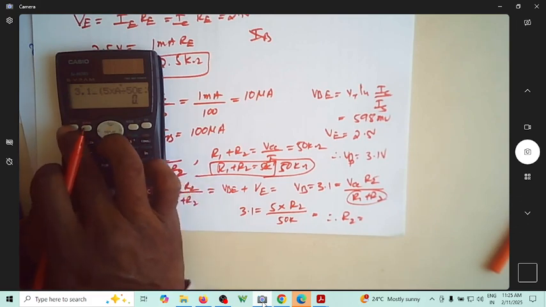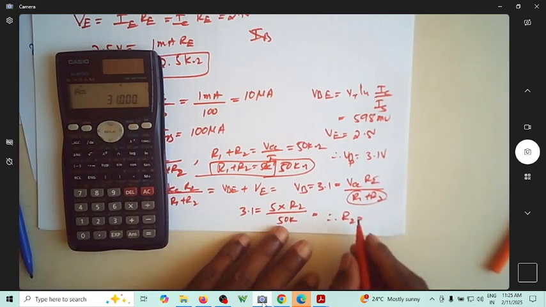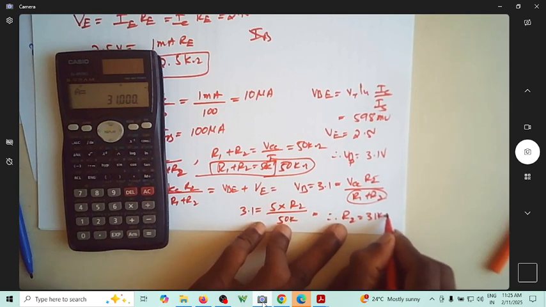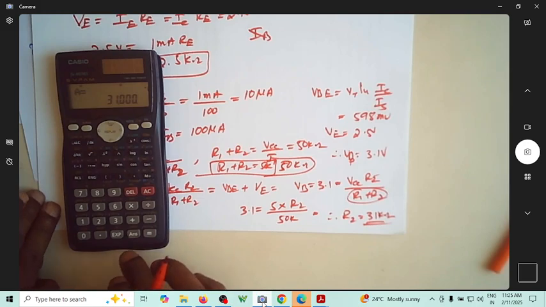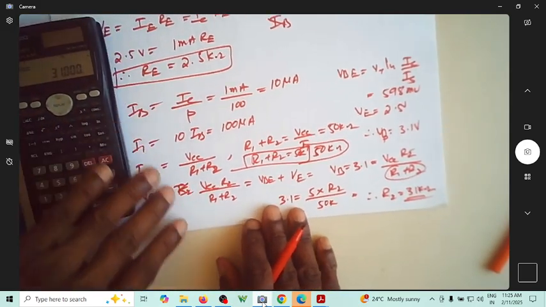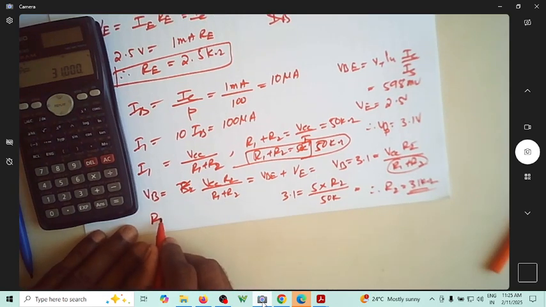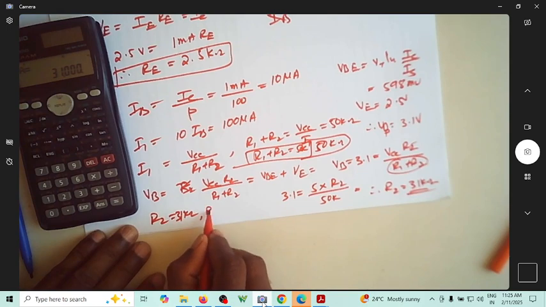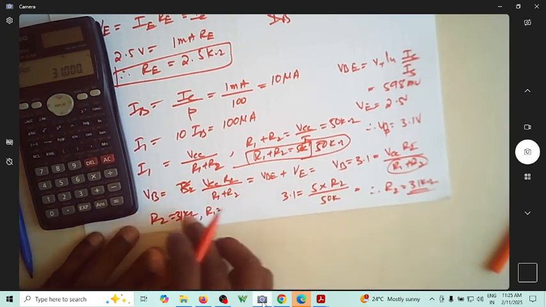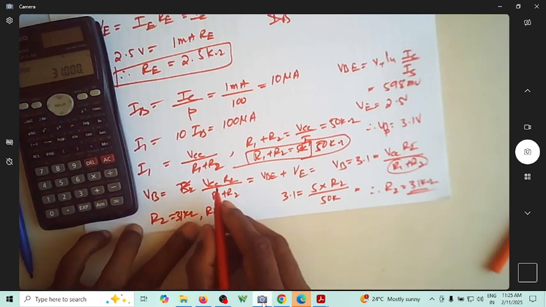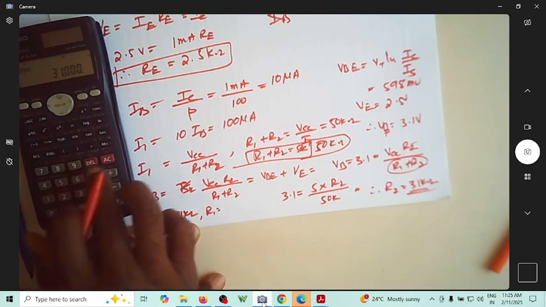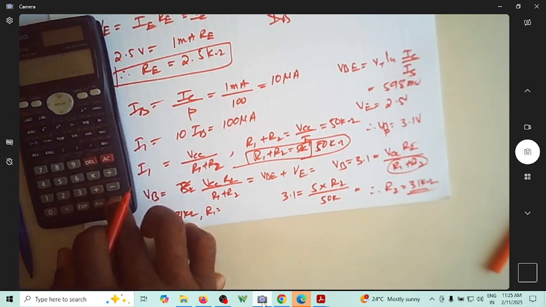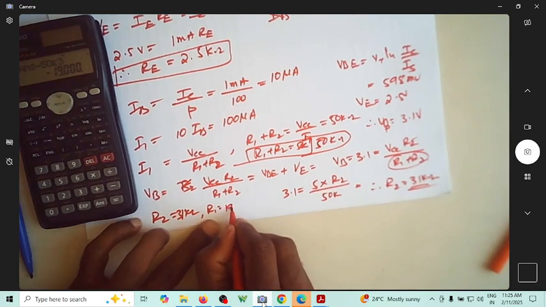Is it not 31 kilo ohm? So R2 required is 31 kilo ohm. Then how much is R1? R1 is equal to 50 minus 31, which is 19 kilo ohm.